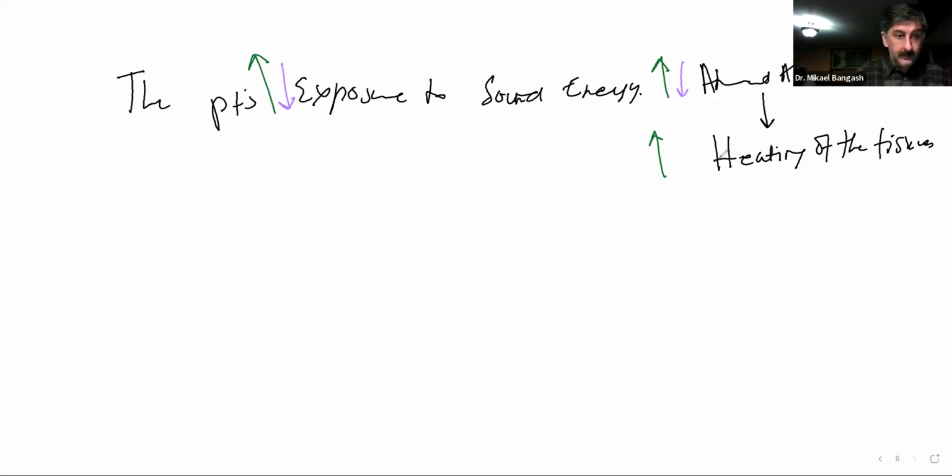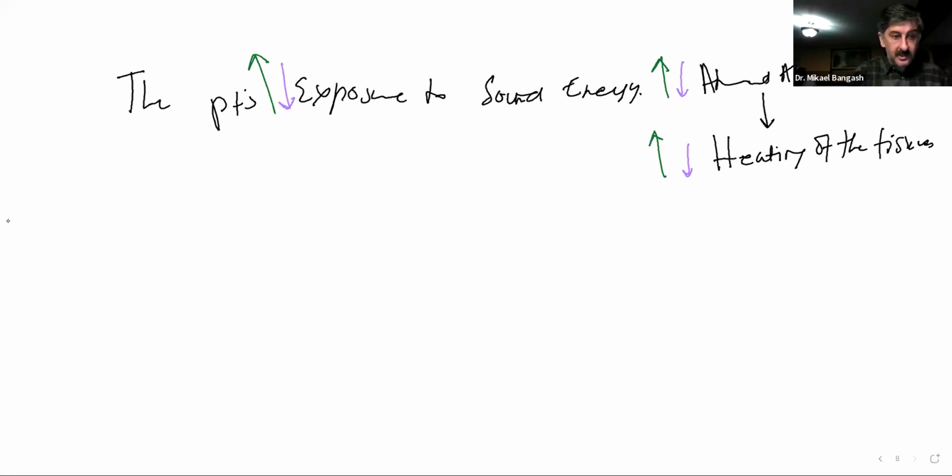On the other hand, lesser exposure, less energy absorbed by a tissue is more likely to cause less heating of the tissue.